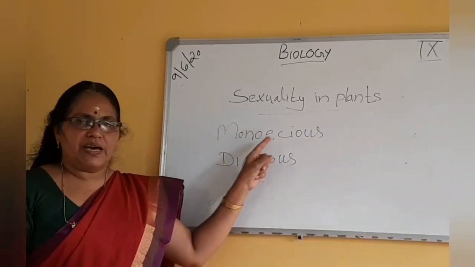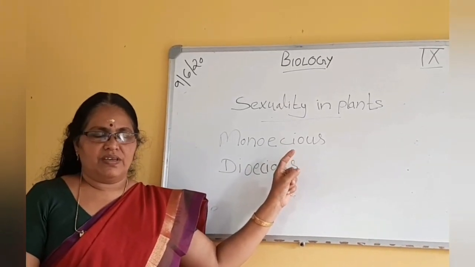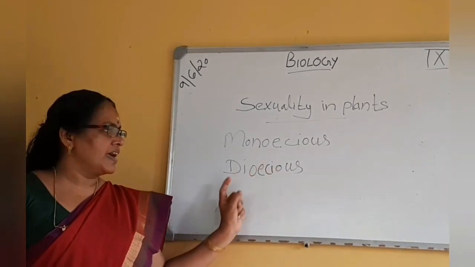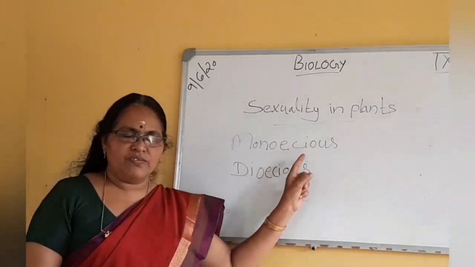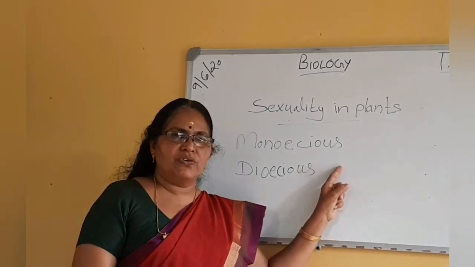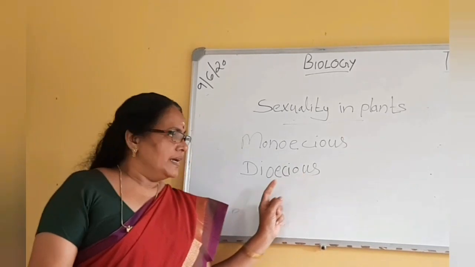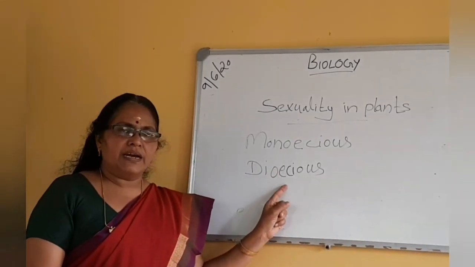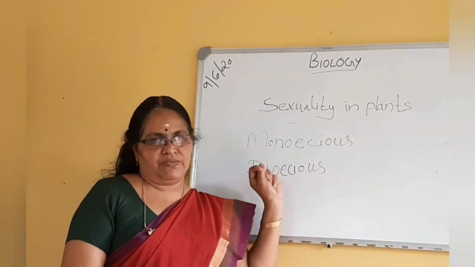The two types of plants, depending on the type of flowers, are monoecious and dioecious. Monoecious means both the male and the female flowers grow on the same plant. Dioecious means a plant contains only either the male or the female flowers.